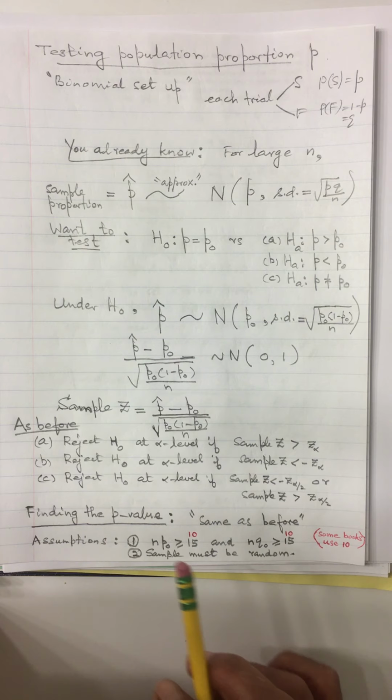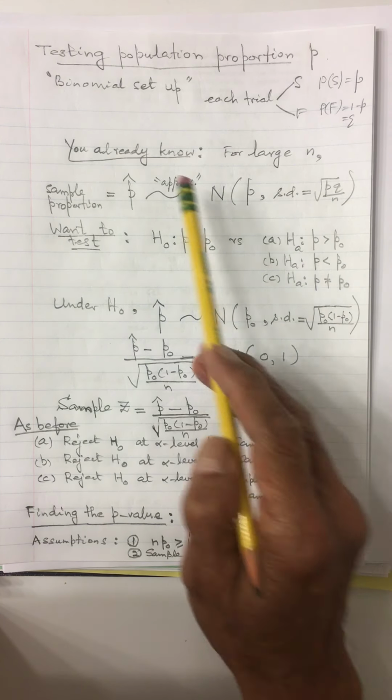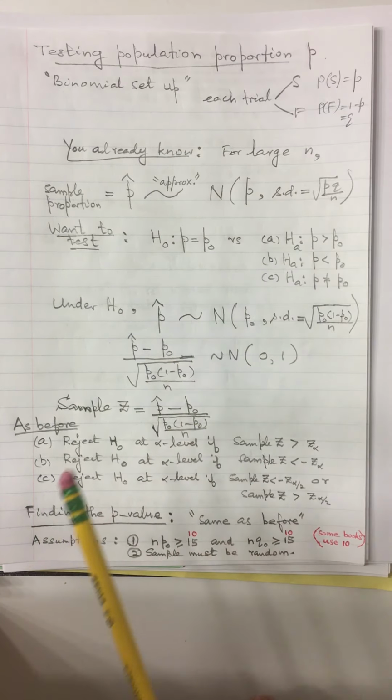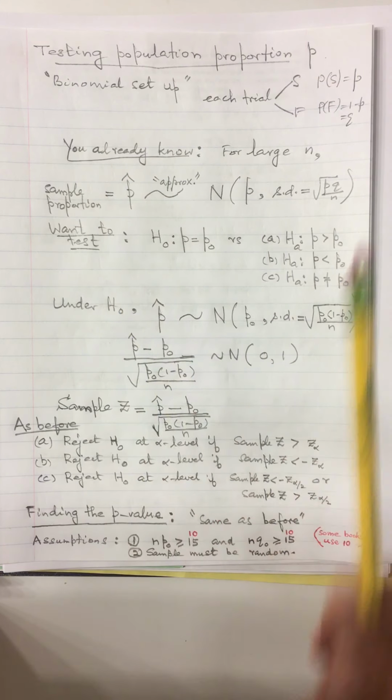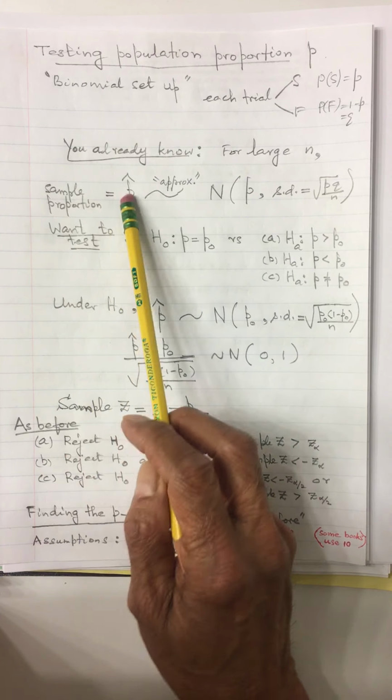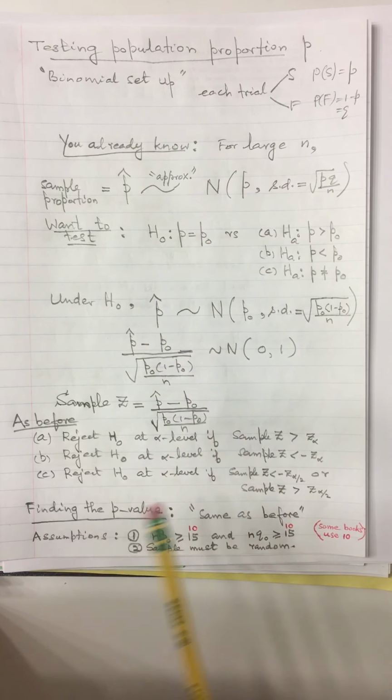Again, one of the assumptions is that n has to be large, because this is the curve we are going to use. We already know the sample proportion is going to follow that.